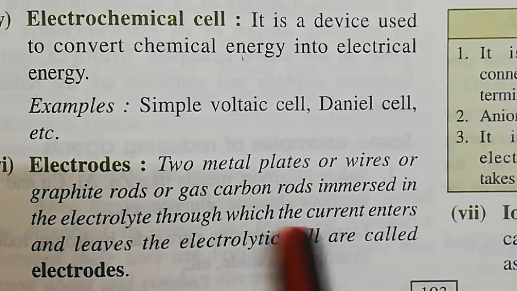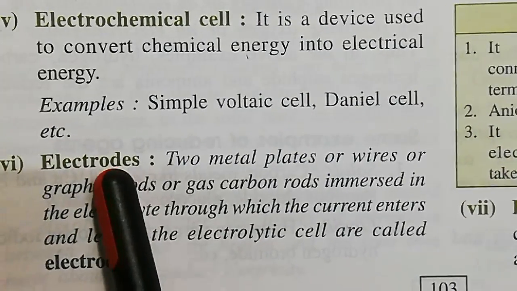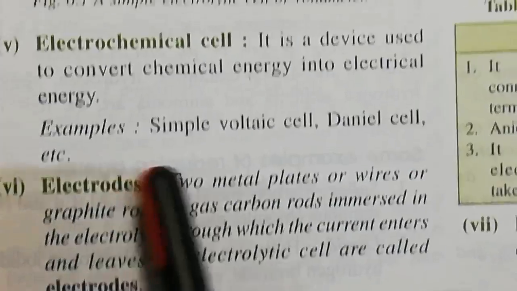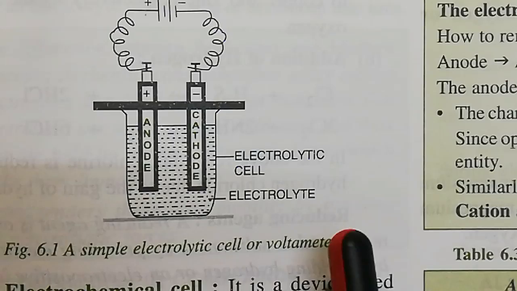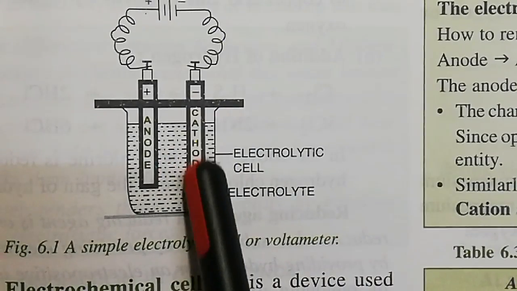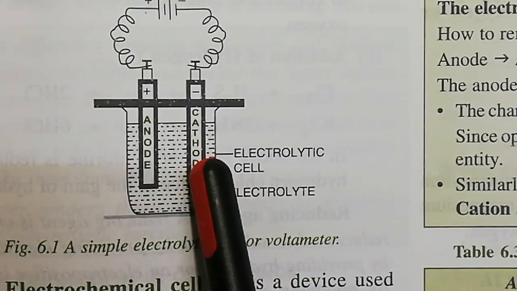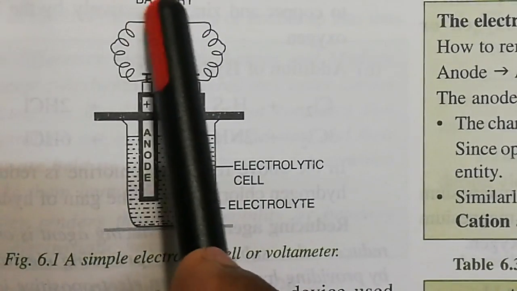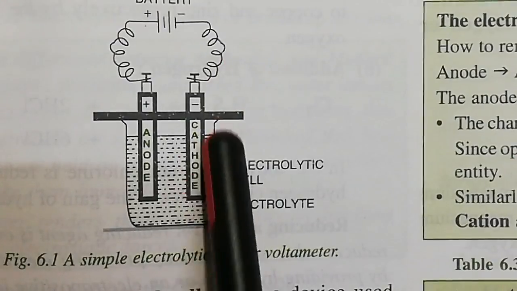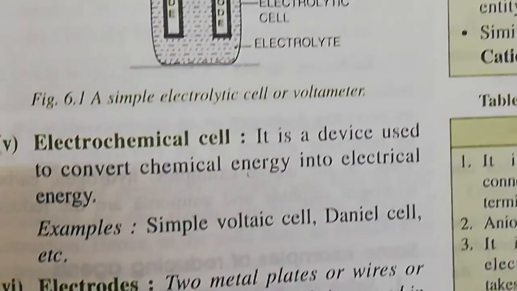What are electrodes? The plates which are immersed in the electrolytic solution are electrodes. Two electrodes are there, cathode and anode. Do not forget, the anode is attached to the positive terminal of the battery and the cathode is attached to the negative terminal of the battery.